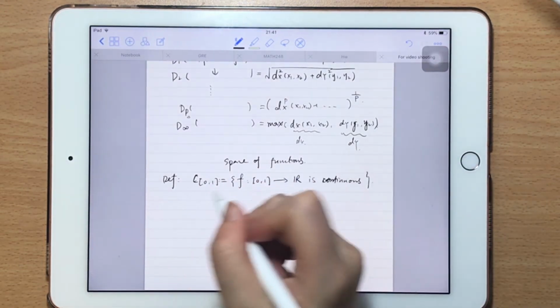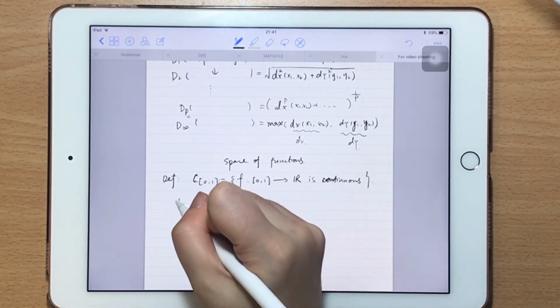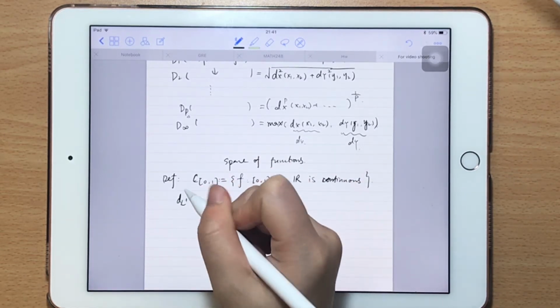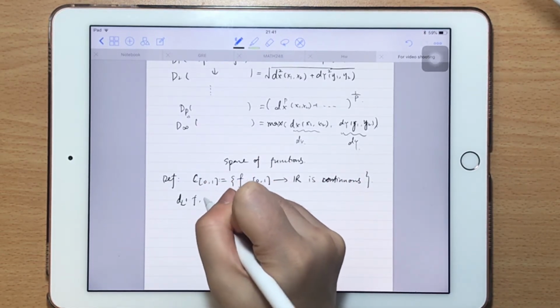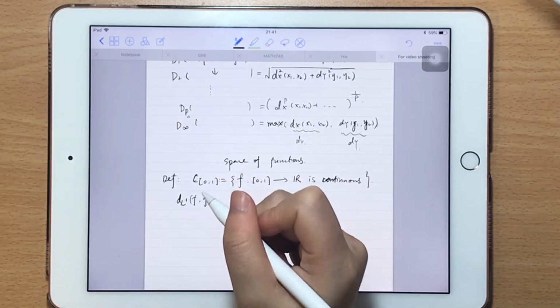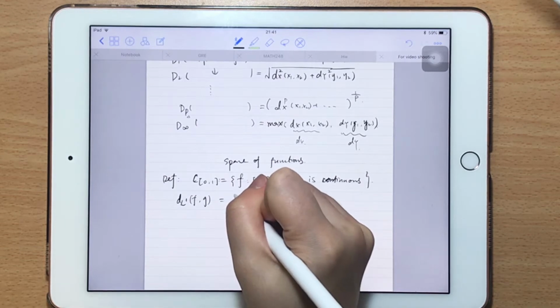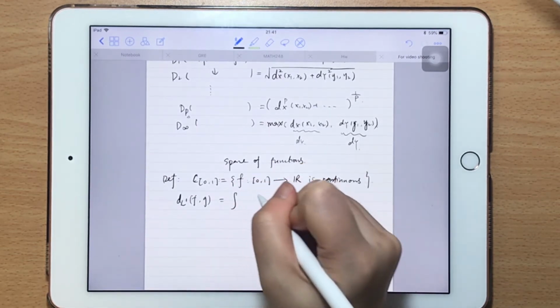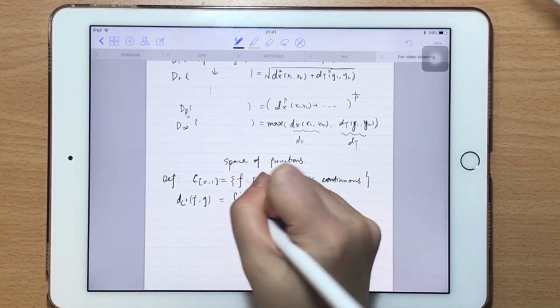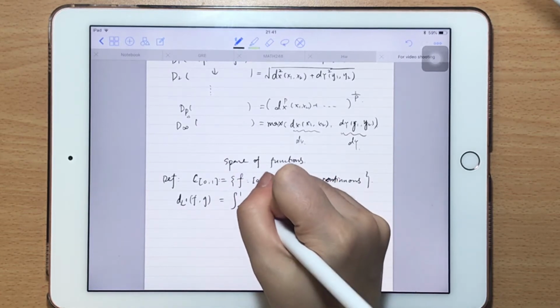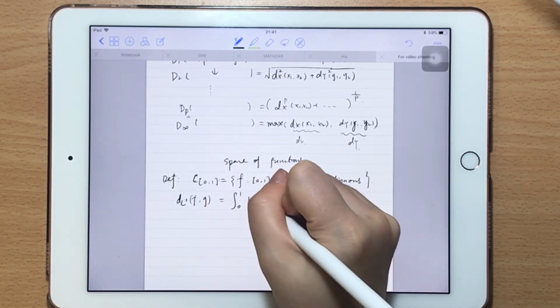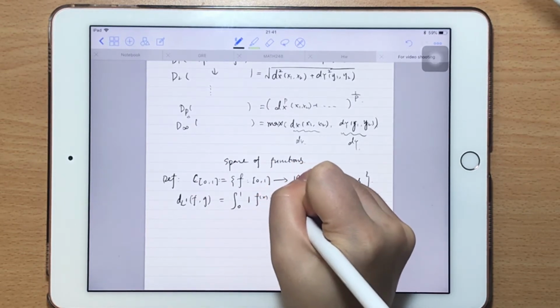Okay, so the way we define d_L1(f, g), for different functions f and g, is going to be taking the integral from 0 to 1 and taking the absolute value of the difference of f and g.